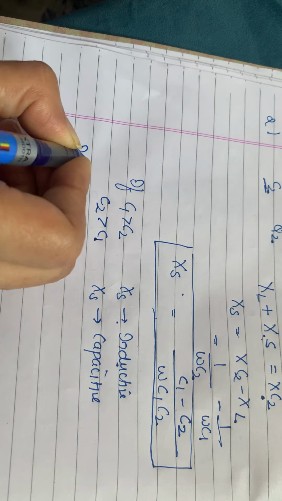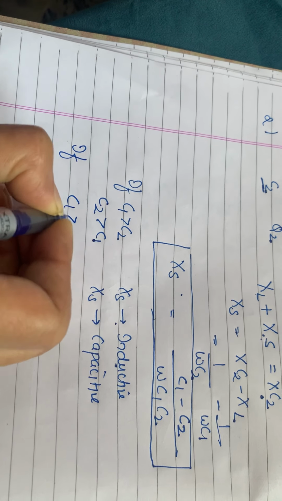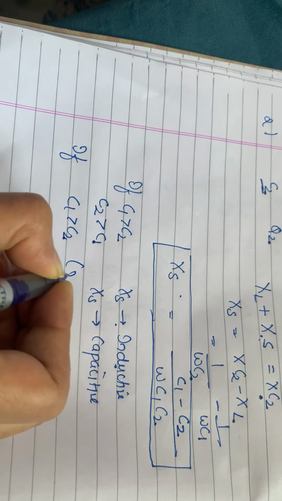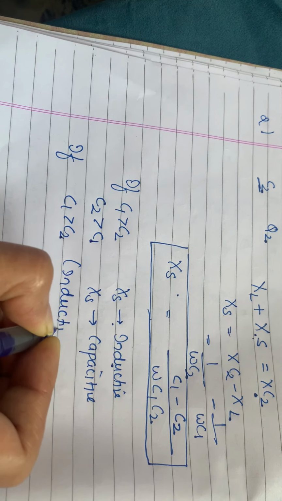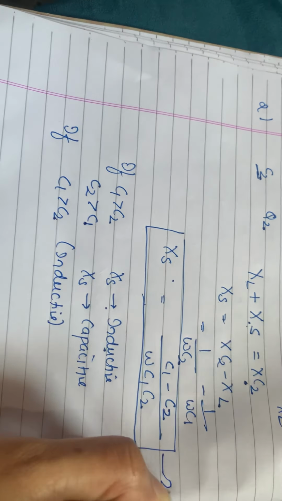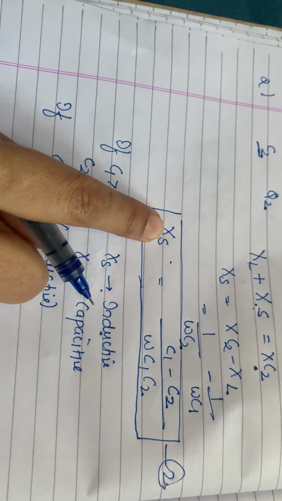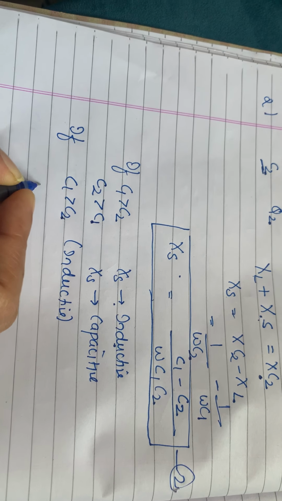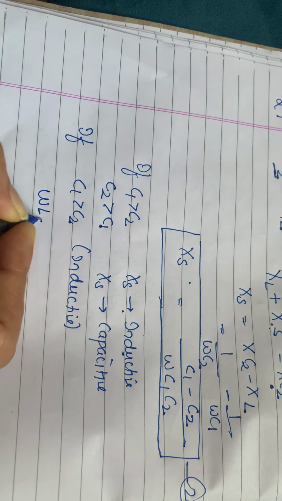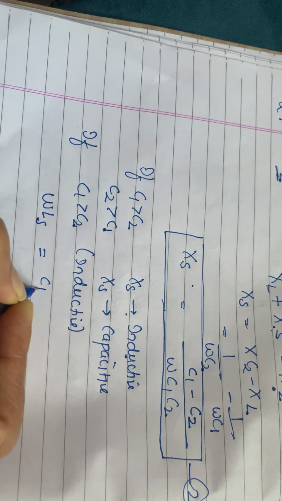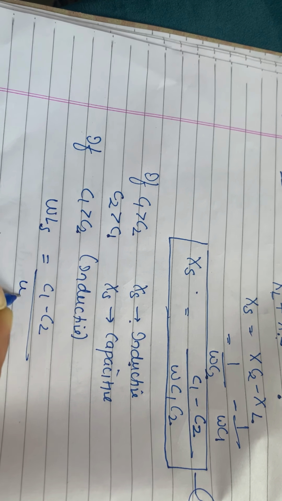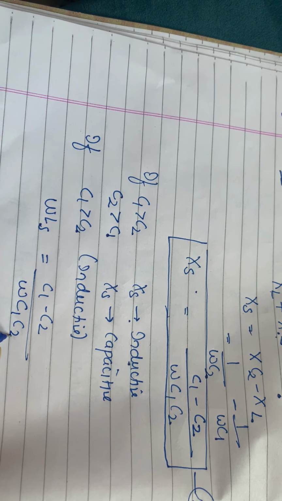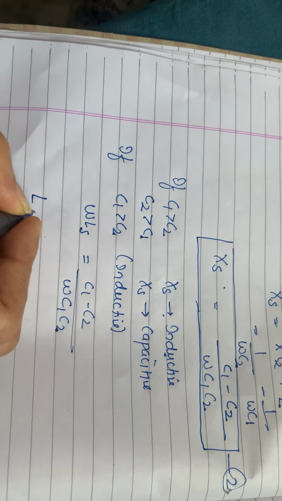Now, taking the first case, if C1 is greater than C2 and it's inductive in nature, in equation number 2 of XS, we can simply substitute XS as omega Ls is equal to C1 minus C2 upon omega C1 C2. So from this, what is the value of Ls?